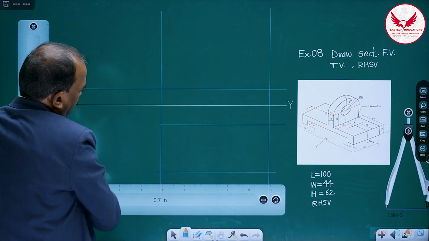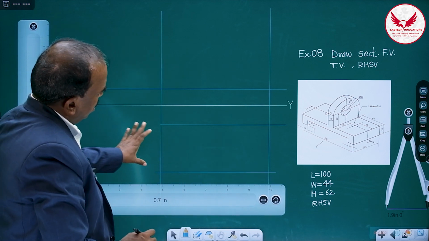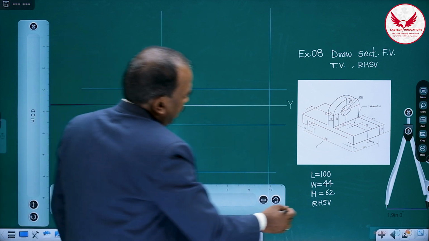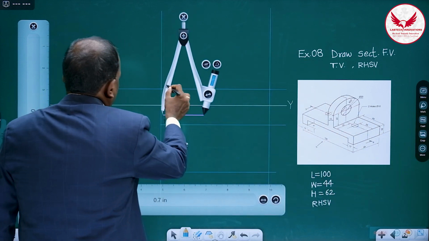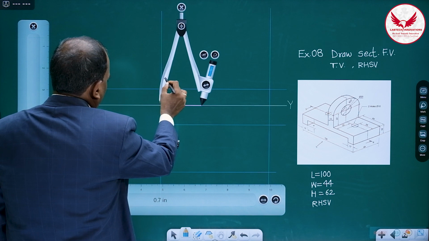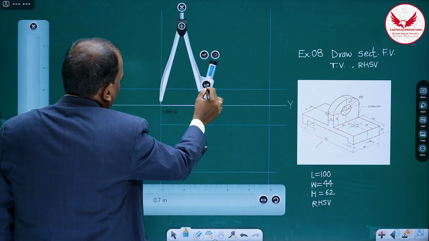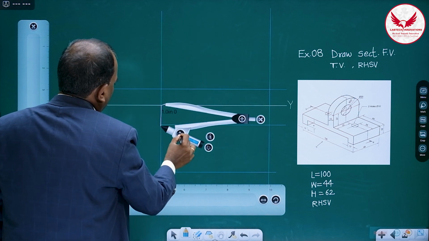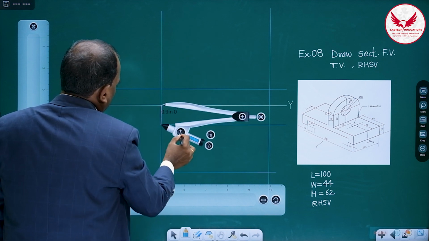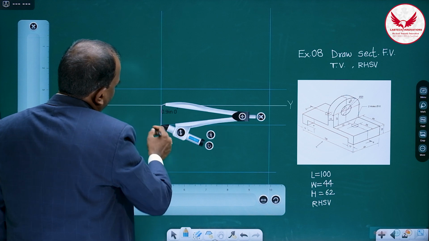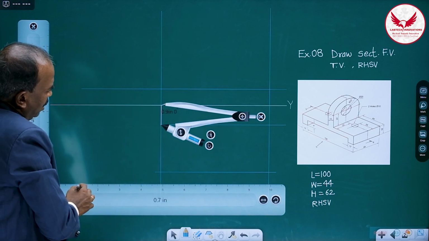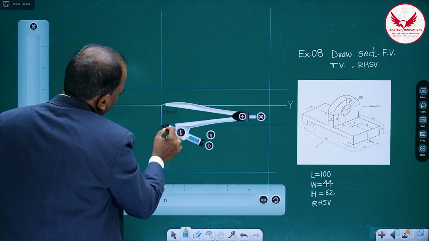So this block will be there for the top view, and this top view we can transfer in the side view, this width. How we can transfer? Rotate it. Instead of marking the 45-degree line, this is the best way or easy way.